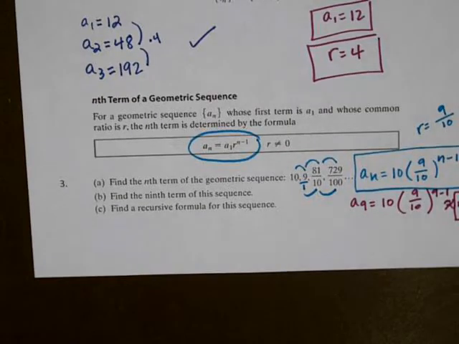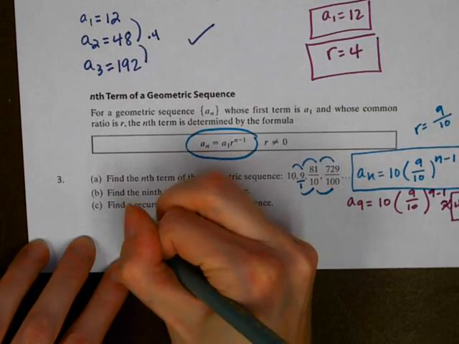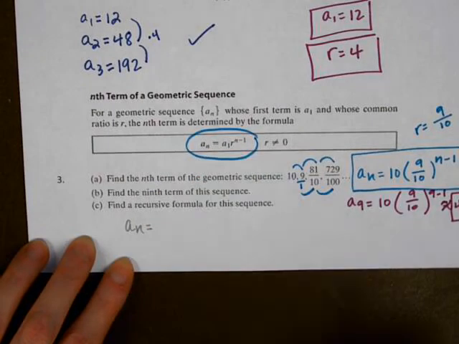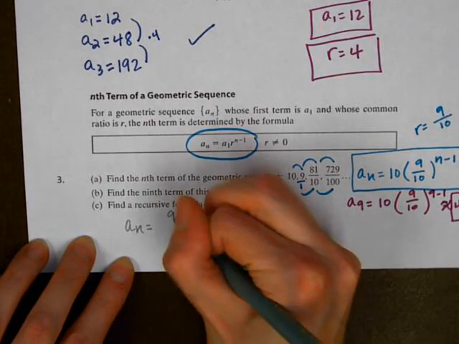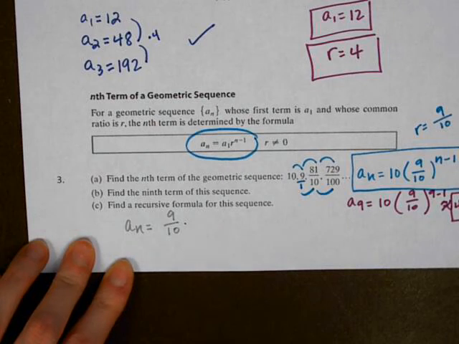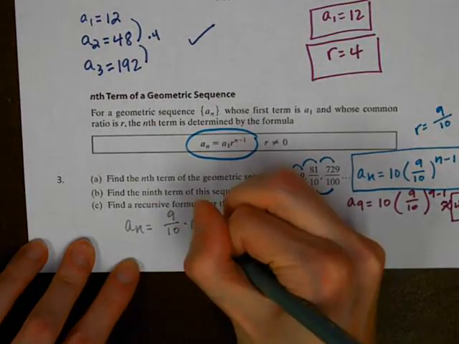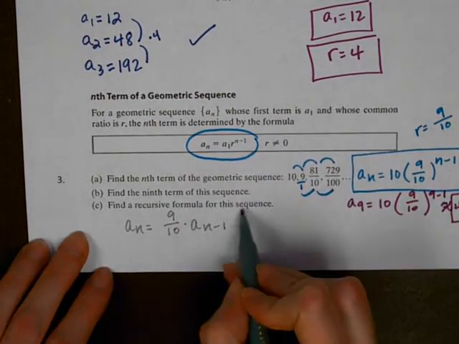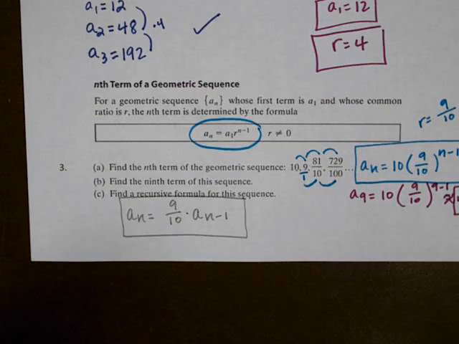So the recursive form would be a sub n equals r, which is 9 tenths, times the previous term, which is a sub n minus 1. And again, you're not going to get an answer because we don't know what n is. So that's all you can do for that one.